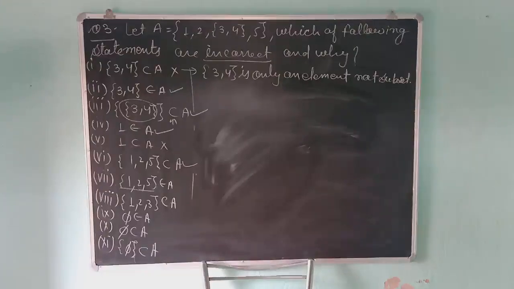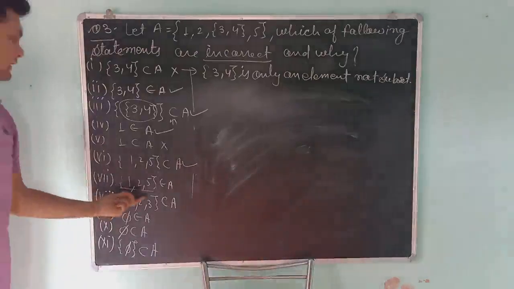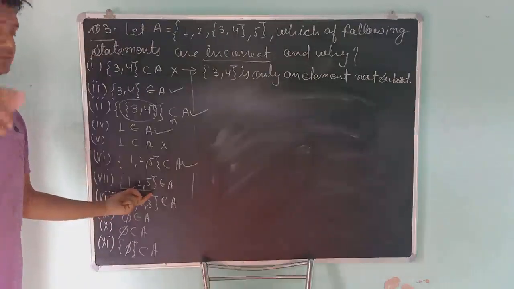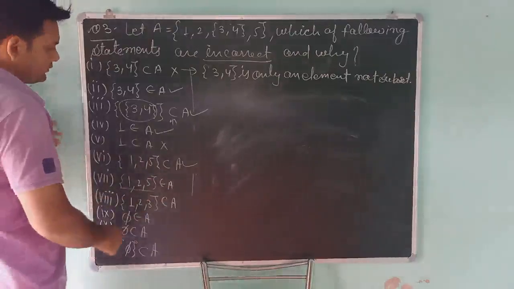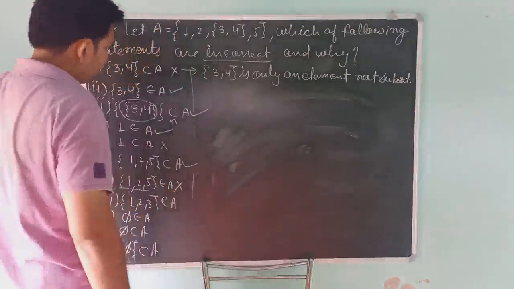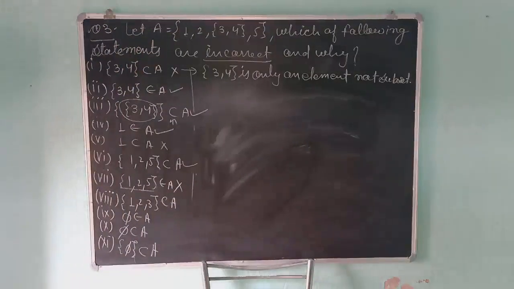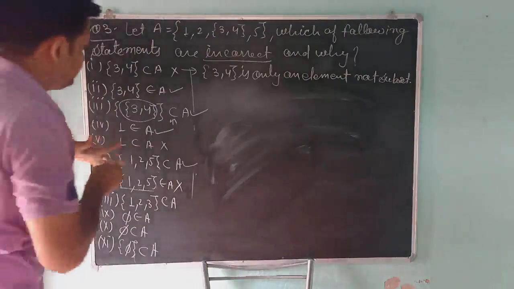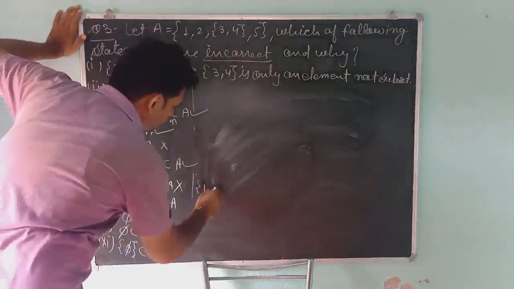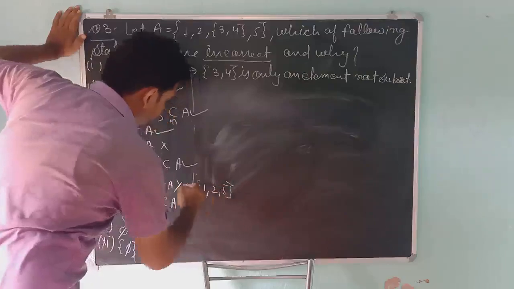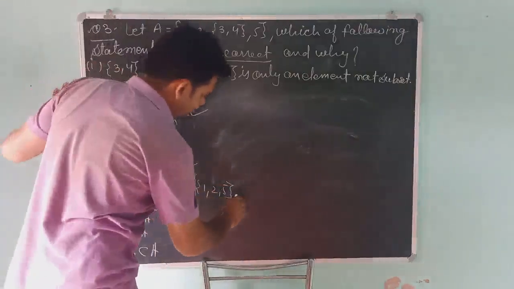But this is a subset. So students, this is false. If you find a subset, then the symbol also must be the subset. Okay, so this is false. What will you tell as the reason for this incorrect sentence? So students, you will write here: {1, 2, 5} is a subset.